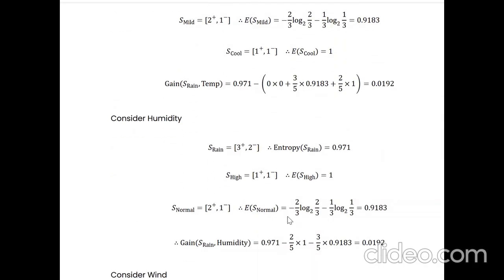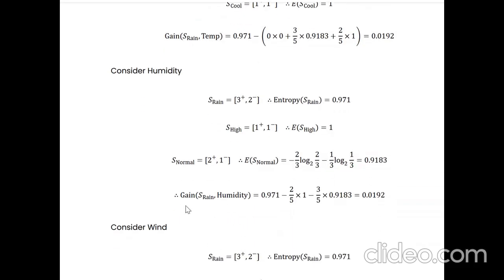Therefore, entropy of S normal is minus 2 by 3 log of 2 by 3 to the base 2 minus 1 by 3 log of 1 by 3 to the base 2, which comes out to 0.9183. Then we'll calculate information gain of S rain with respect to humidity, which is 0.971 minus 2 by 5 into 1 minus 3 by 5 into 0.9183. Again, this comes out to 0.0192.